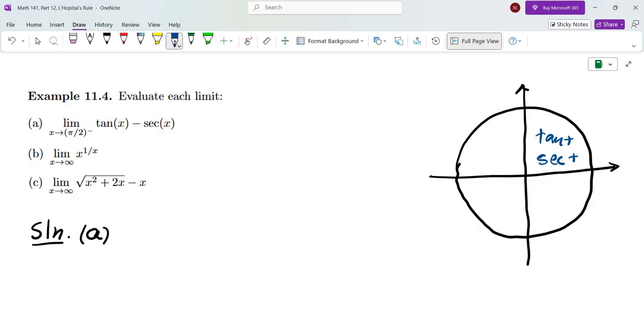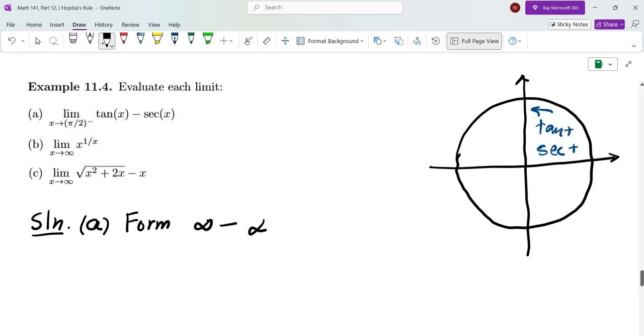Well, when we approach pi over 2 from the left, from smaller values than pi over 2, then tangent goes to positive infinity. So the form is positive infinity minus secant, which also approaches positive infinity because tangent is sine over cosine. Both of them are positive, and the denominator of cosine is approaching 0.